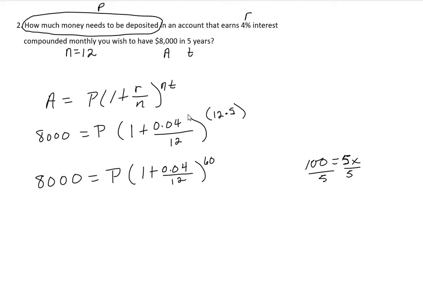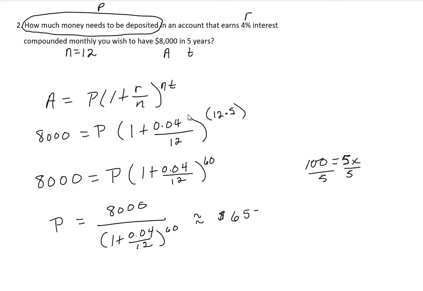Well, over here, I'm going to divide both sides of my equation by that number. So P is going to be 8,000 divided by 1 plus 0.04 divided by 12 to the 60th power. And you can put that into your calculator, and you're going to get approximately $6,552.02.